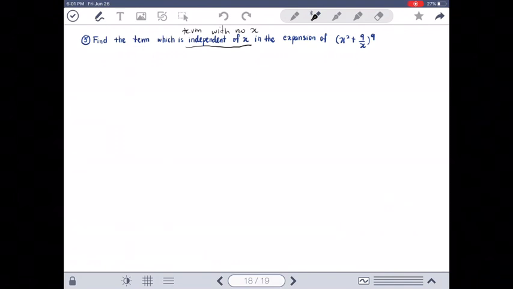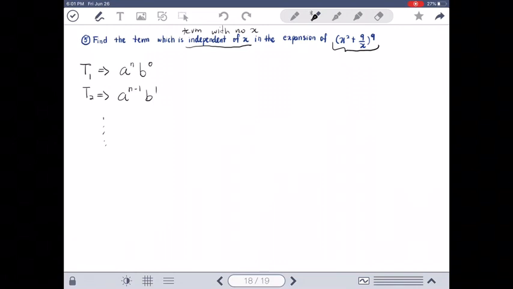And we know that by binomial expansion, term number 1 is we always have a to the power of n and b to the power of 0. It's always like that. Okay, for term number 1. Term number 2, we will have a to the power of n minus 1, b to the power of 1, and so on. The pattern goes on like that.